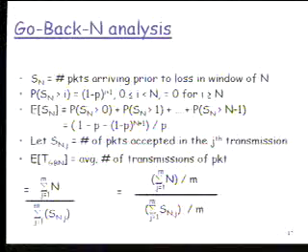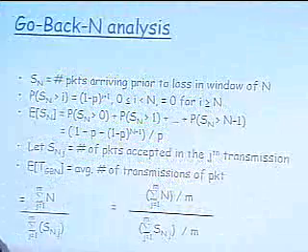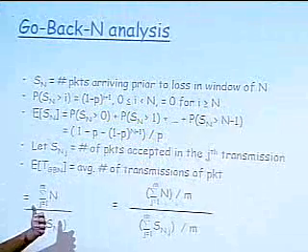Now what is the probability Sn is greater than I? So again, it's similar to the analysis we did with selective repeat. We treat each packet in isolation, but now these are separate packets in the window. So for Sn to be greater than I, it means greater than I packets in sequence have been delivered.